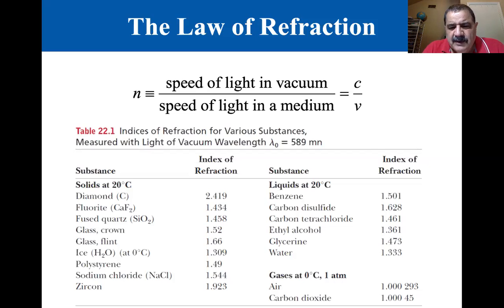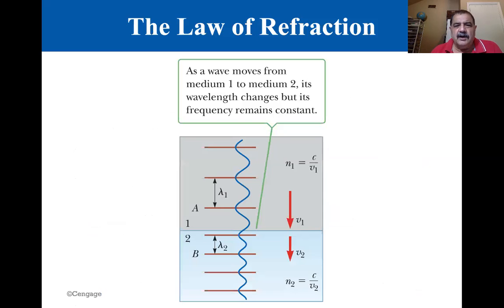And then if you look at the gases, I doubt you'd be able to really see the difference. Air is 1.000293. Carbon dioxide is 1.00045. Those are essentially 1.0, same as in vacuum. Anyway, let's continue on.